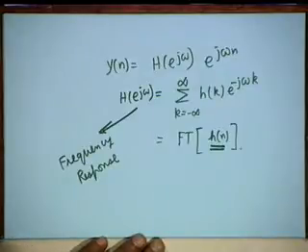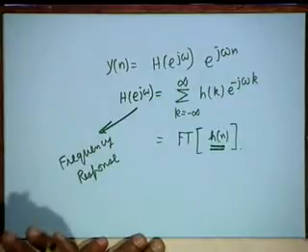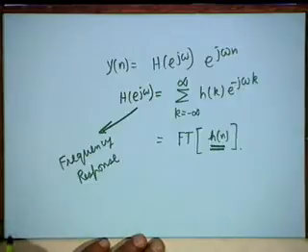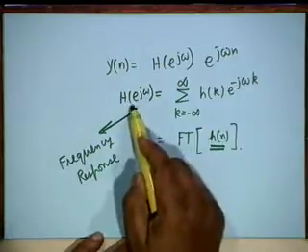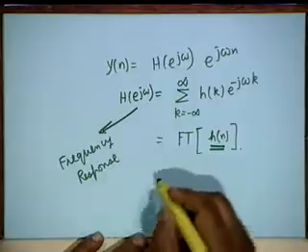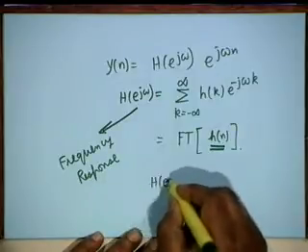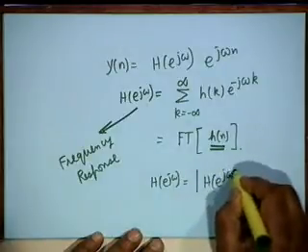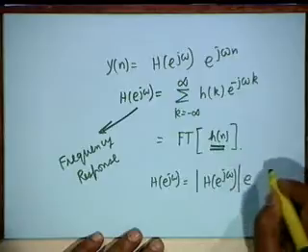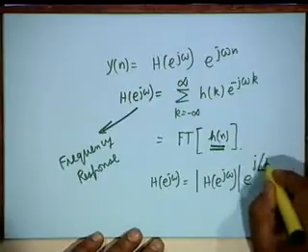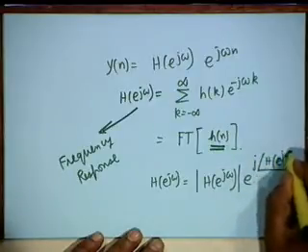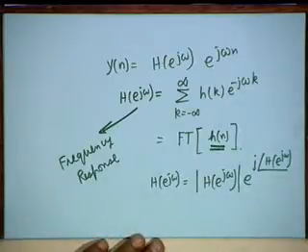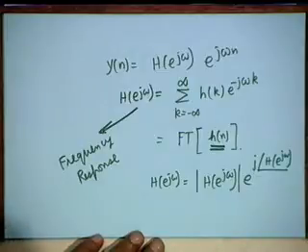All right. It shows the complete frequency behavior of the system, and in general this will be a complex quantity. It can be written as H of e to the j omega equal to magnitude of H of e to the j omega multiplied by e to the power j angle of H of e to the j omega, and magnitude must be a real quantity, real and even.